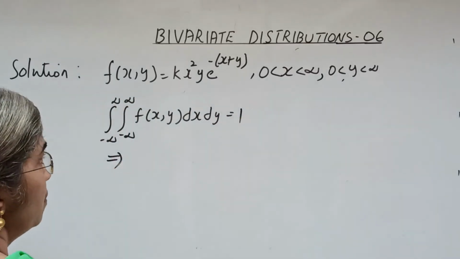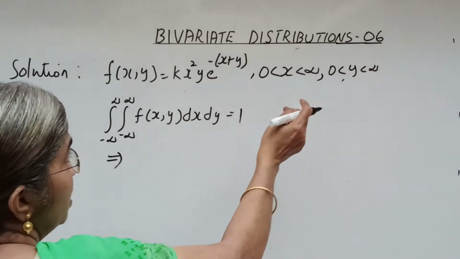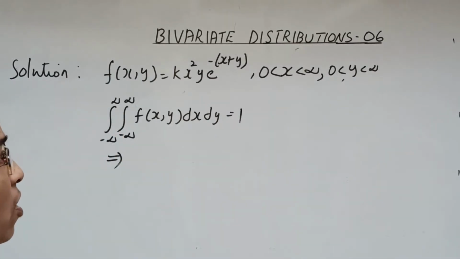Here both x and y are between 0 to infinity, and only under this limit is f(x,y) defined, that is f(x,y) is k x square y e raised to minus of (x plus y) when x is between 0 to infinity and y is between 0 to infinity. We should confirm this is the limit for both x and y.